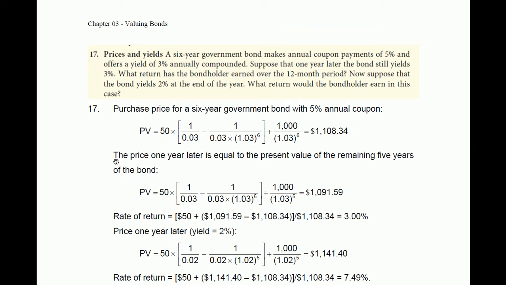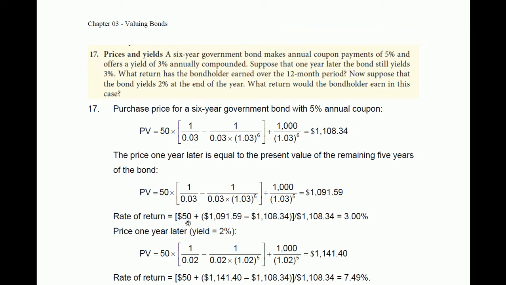Using the similar calculation, the price 1 year later is equal to the present value of the remaining 5 years of the bond. This is also the coupon, discount factor, principal repayment, and this is the price.